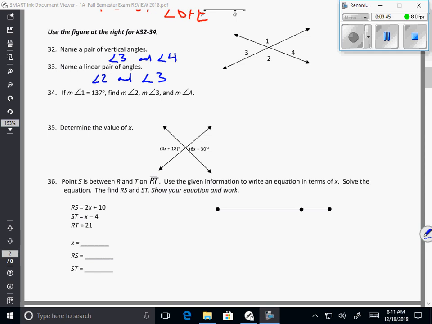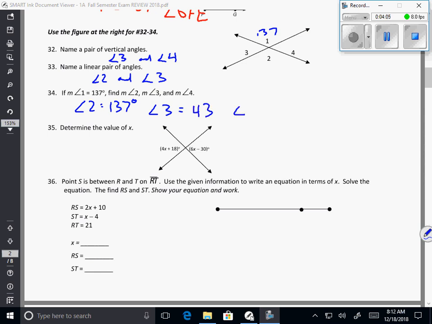34, if angle 1 is 137, then so is angle 2. And then that would make angle 3 have to be supplementary to that, which would be 43.